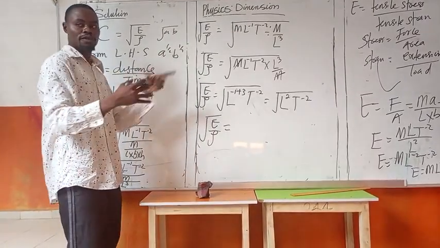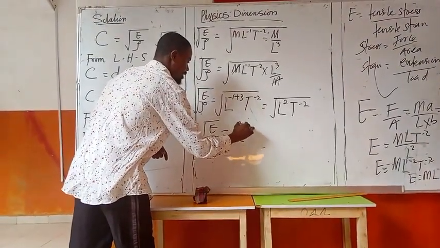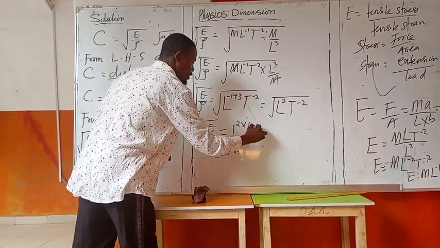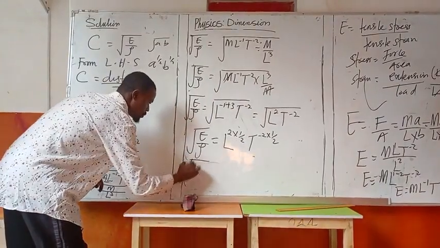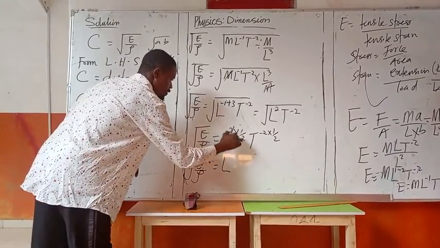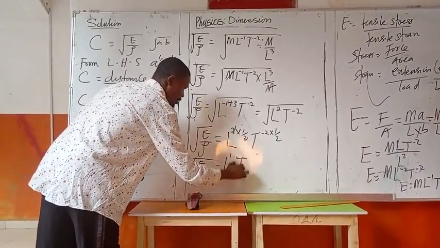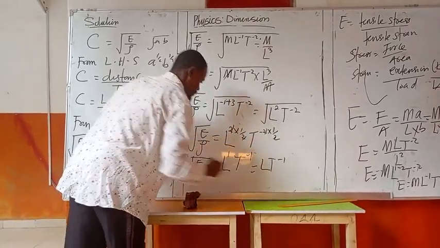You share the square root between them, which means we are going to have L raised to the power 2 times 1 over 2, T raised to the power minus 2 times 1 over 2. We now have the square root of E all over rho is equal to L, 2 divided by 2 is 1, T, minus 2 divided by 2 is minus 1, which means we have L T minus 1.